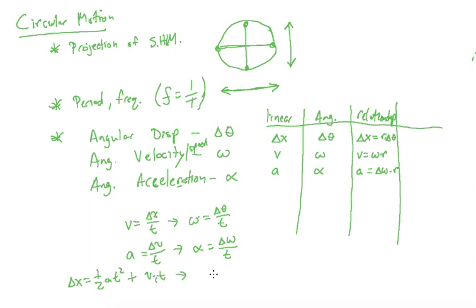Start swapping it out. What's delta x? Delta theta. 1/2 acceleration becomes alpha, angular acceleration. Time has no angular version, plus instead of initial velocity, initial angular velocity times time. And that's true for any of the other kinematics or any other thing.